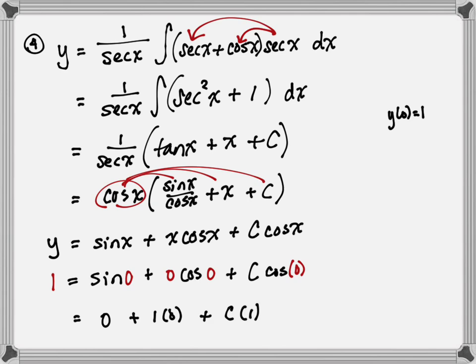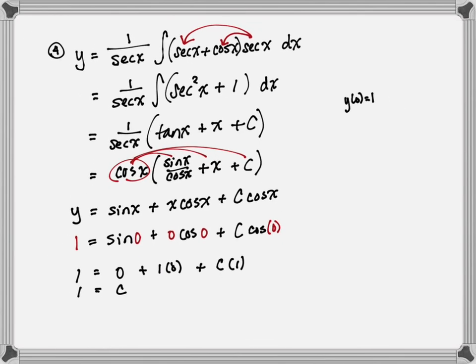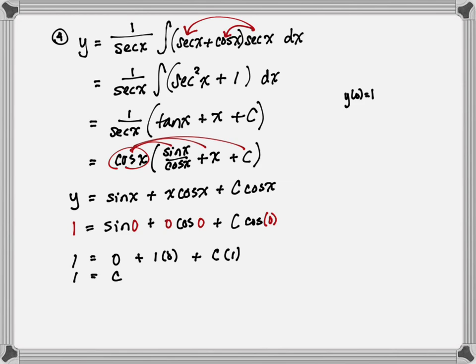So a grand scheme of all of this tells me that what in the world does c equal? 1. C is 1, and my particular solution then, that I don't have space for, is y equals sine of x plus x cosine of x plus cosine of x.